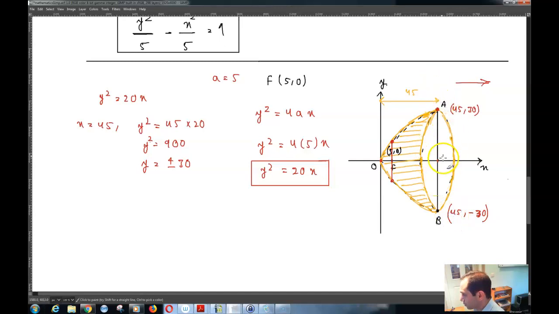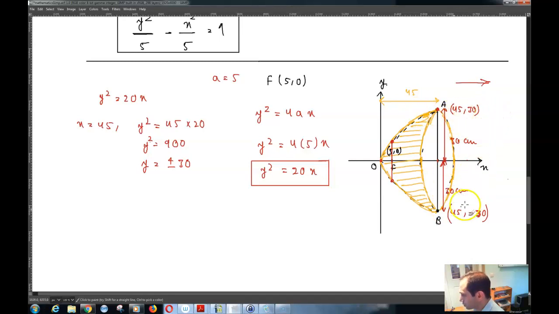Now, this is from the x-axis. This distance over here would be 30 centimeter, because all the other units are in centimeter, and this distance over here would be 30 centimeter.